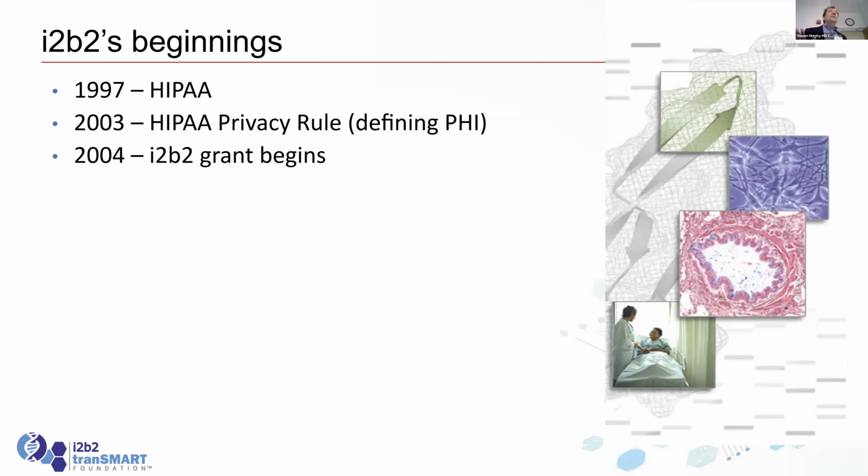When we wrote the grant, it was a little bit vague in terms of how we were going to approach it. The reason that we architected it the way we did is we had put something called the Research Patient Data Registry together at Partners Healthcare, as it was known at the time. It gave us a look at how we could do this.